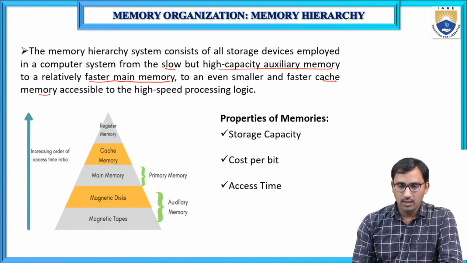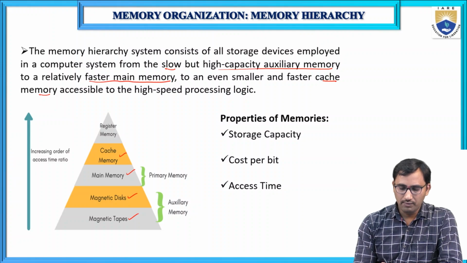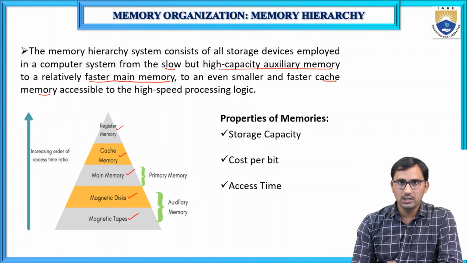Here different memories are arranged in a pyramid shape, from bottom to top. At the bottom we have the auxiliary memory, that is magnetic tapes and magnetic disks, and after that main memory and cache memory, and finally we have the register memory. All these memories are arranged in increasing order of the access time ratio.